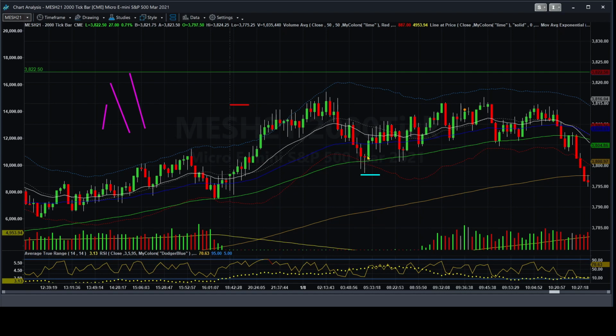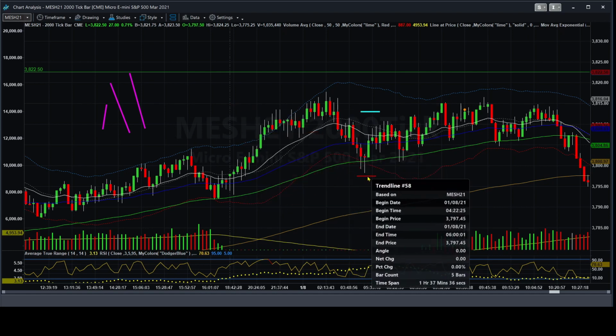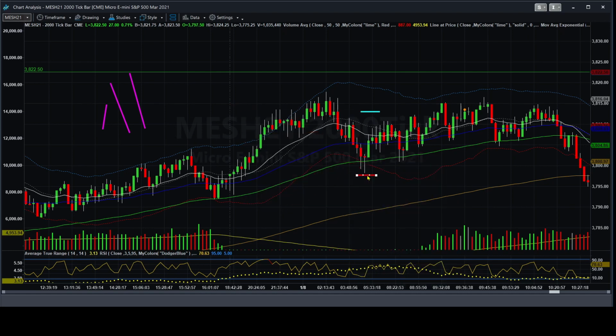It closed in its upper third, and if I had taken this trade, I would have placed my stop loss 1, 2, or 3 ticks below this bar, which is my entry bar, my signal bar, which is telling me I can take the trade.